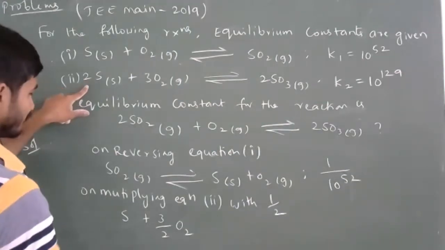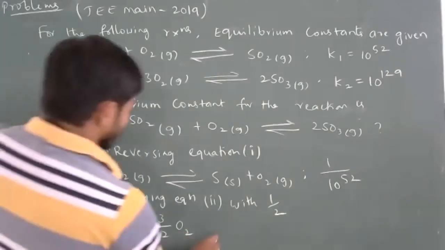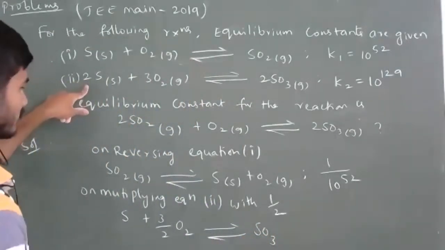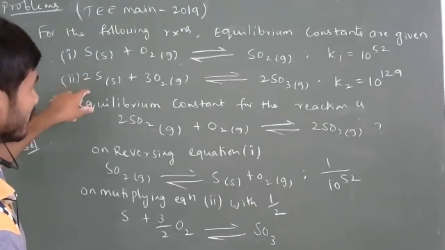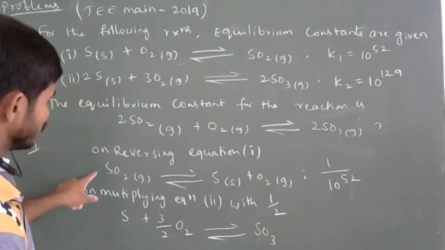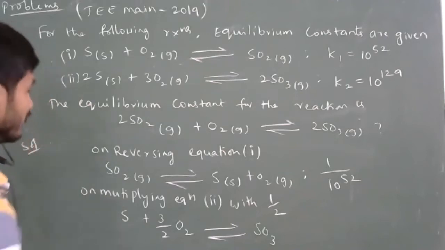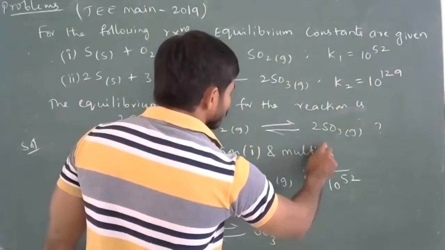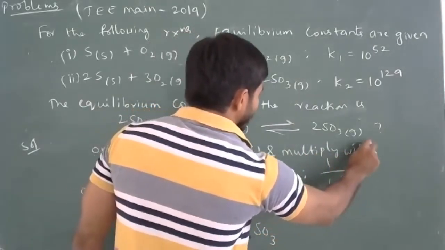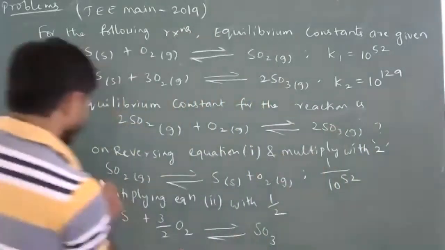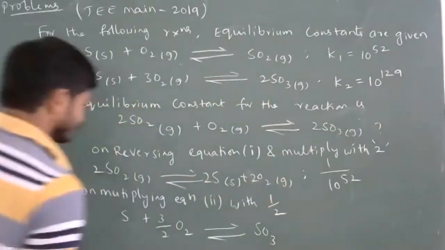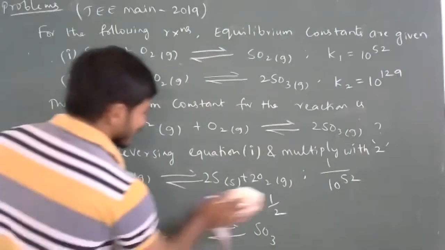No, I should not multiply the second equation with 2; I should reverse equation 1 and multiply it with 2. So 2O2.